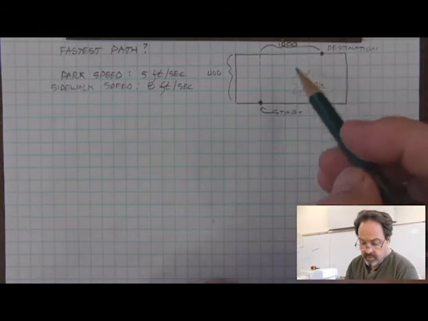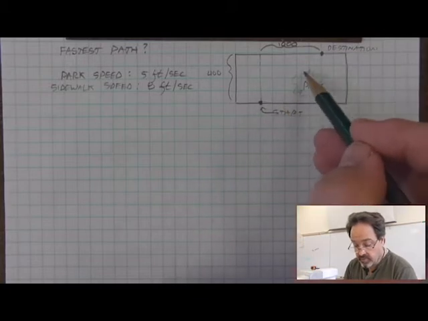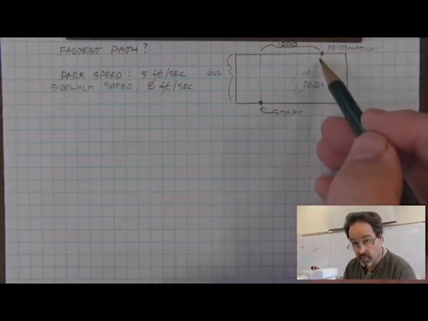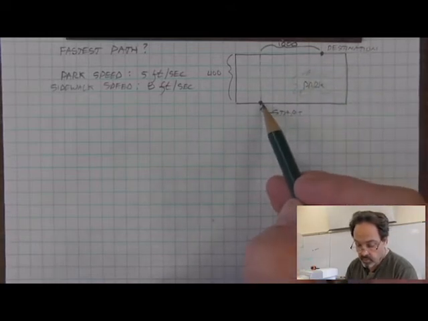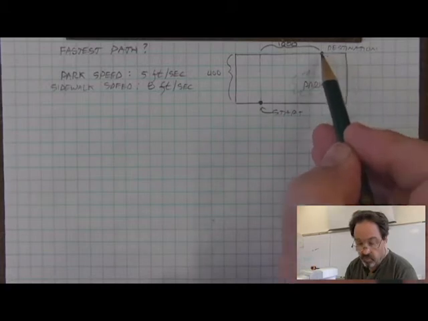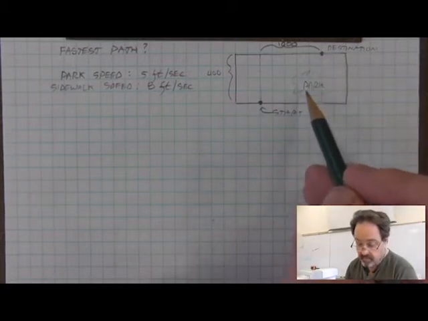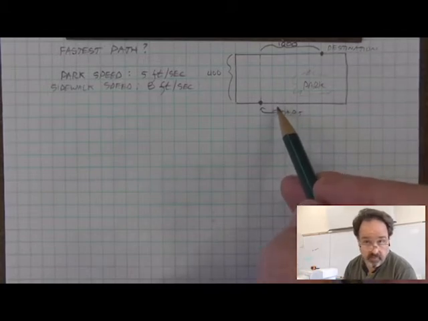So walking only through the park might be the shortest distance, but doing so will always be at the slower rate. We could walk around the sidewalk at our faster rate the whole time, but that path is going to be much longer. So even though we're going faster, we'll have to go a greater distance.